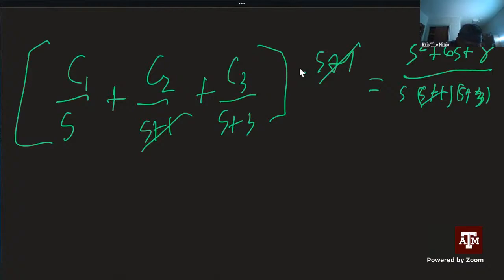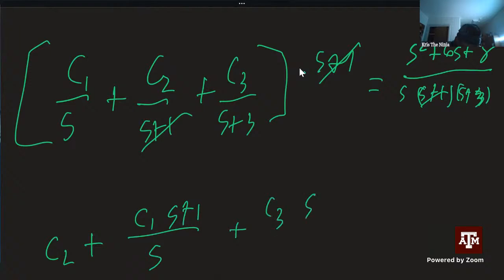You now have C2 plus C1, S plus 1 over S, plus C3 of S plus 1 over S plus 3.